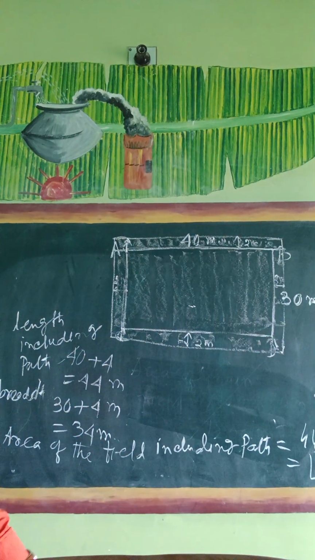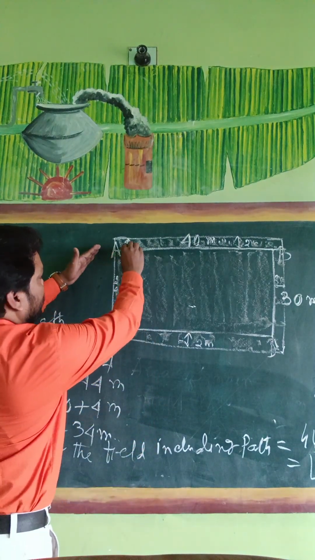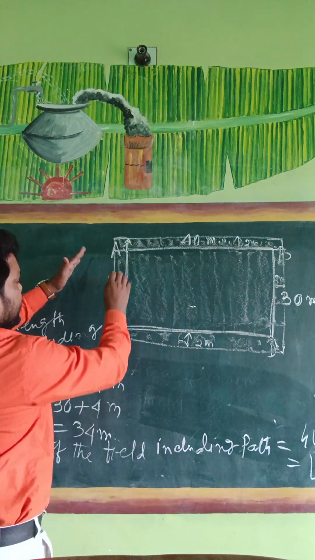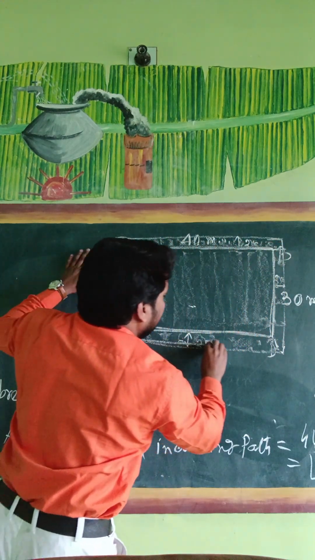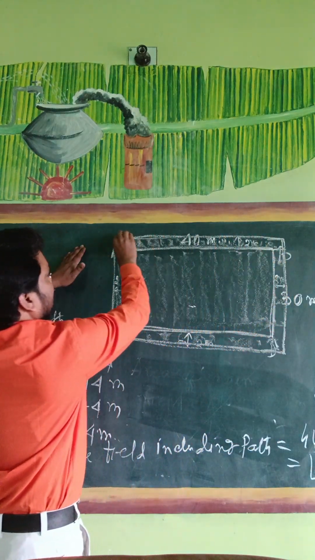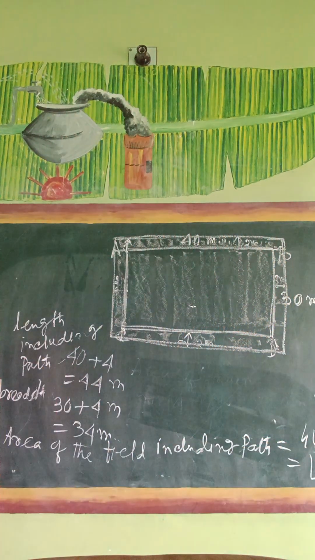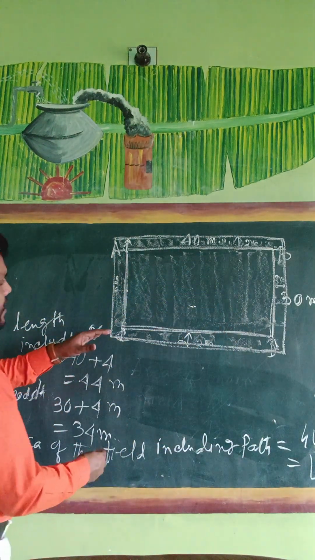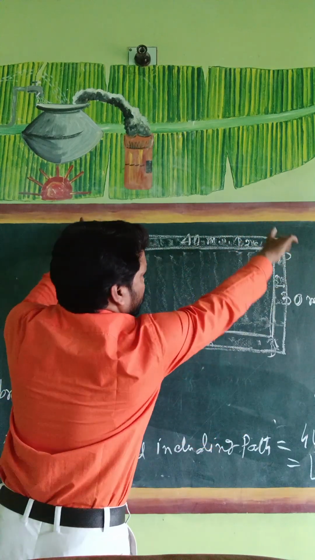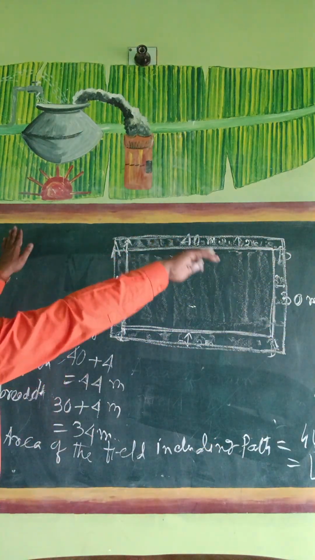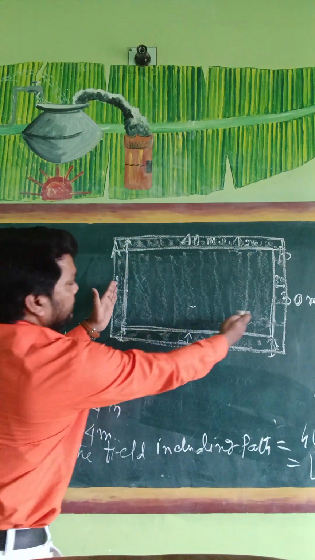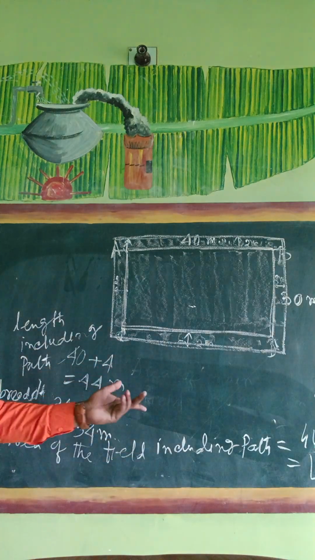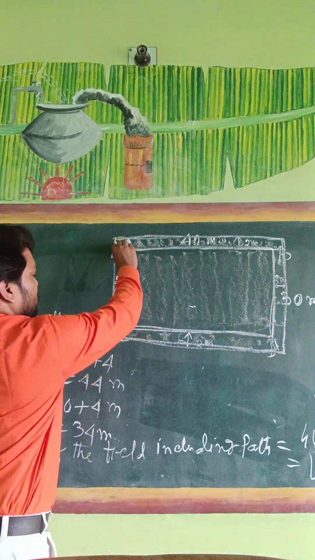So you have calculated the area of the main field, and you have also calculated the area including the path. Then you subtract the area of the inner field, that was initial, from the total outermost area. That will be the area of the path.